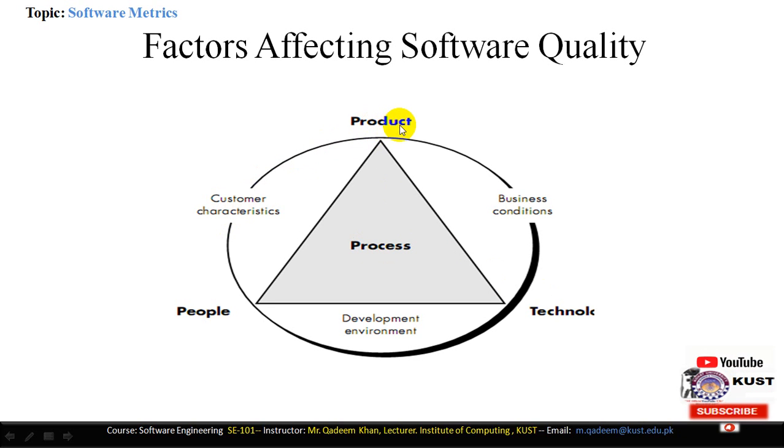Customers are connected with the product and the people, while technology is connected with the process and the product. This is maybe the development environment, which contains compilers, interpreters and database management systems. By using the development technology, good business conditions and good characteristics of the customers, we can develop a high quality product using good technology, good process and skillful people. So all these things affect the quality. That's why all this information must be measured.